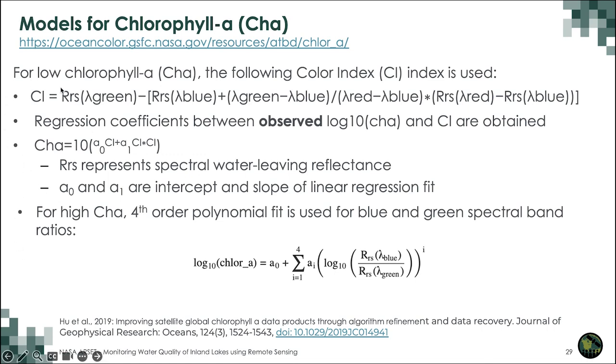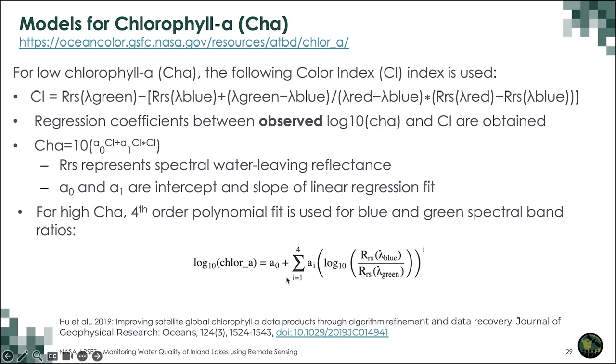This works mostly for a low range of chlorophyll A concentration. So the current version of the algorithm that NASA uses is called OC4. It's a fourth order polynomial fit applied to blue-green reflectance ratio. And so there are 5 coefficients that you need to get log 10 of chlorophyll A concentration.